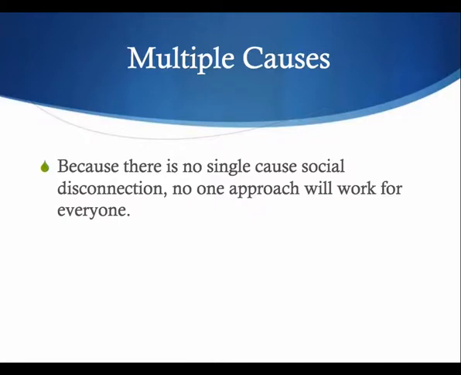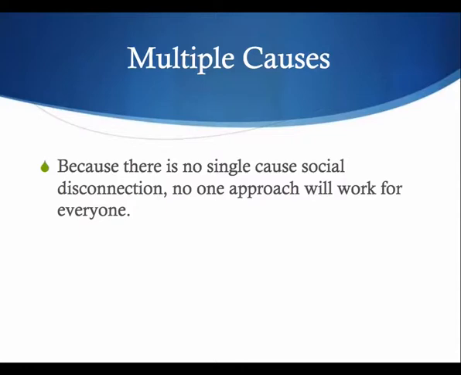So we need to recognize that there are multiple causes, and because there's no single causal factor, no one approach will work for everyone. So if the underlying impetus or cause was mobility issues versus someone who had a loss of a spouse, the approach might be very different for one compared to the other.